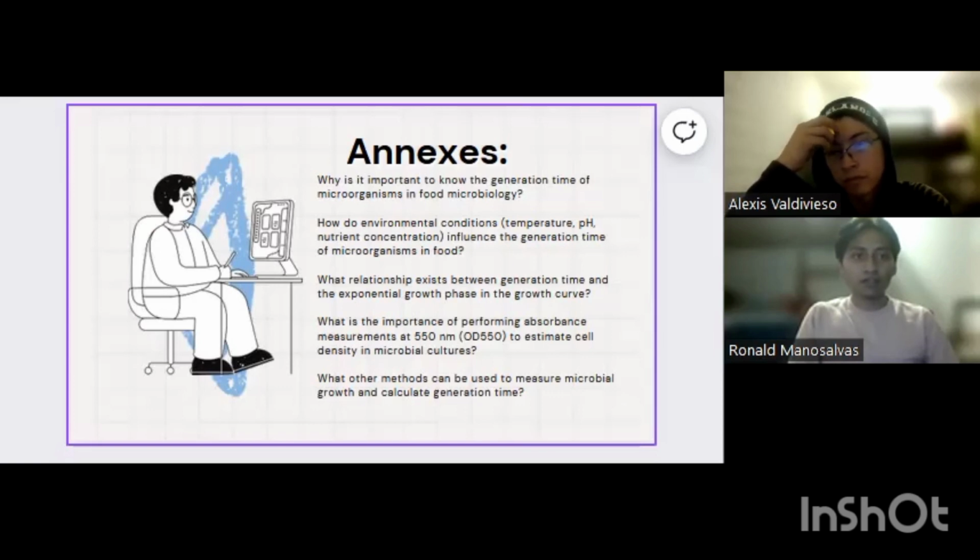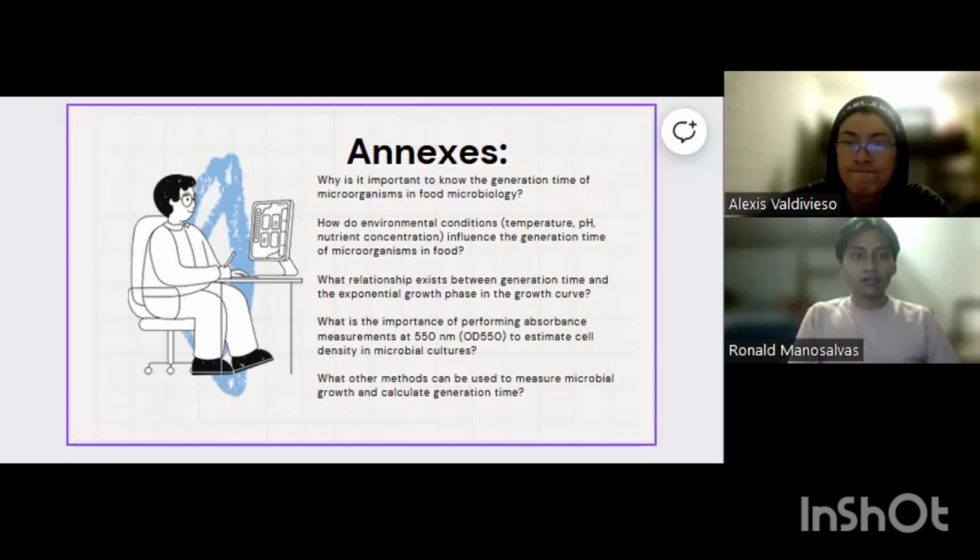The absorbance measurement is non-destructive, meaning that the sample is not required to be destroyed to perform the measurement. This allows continuous monitoring of the cells' growth. Okay. The correlation with the cell density.